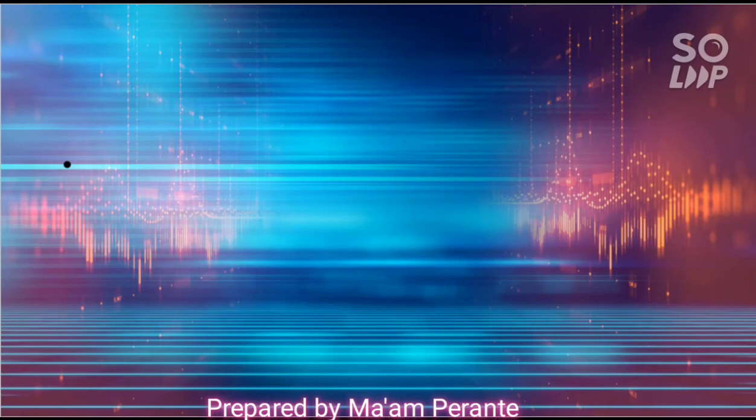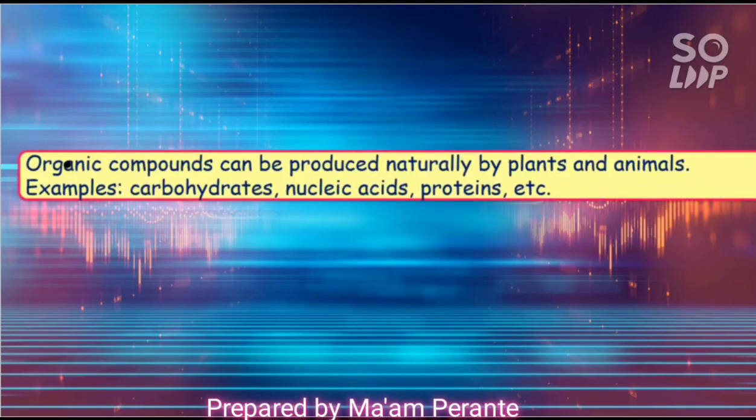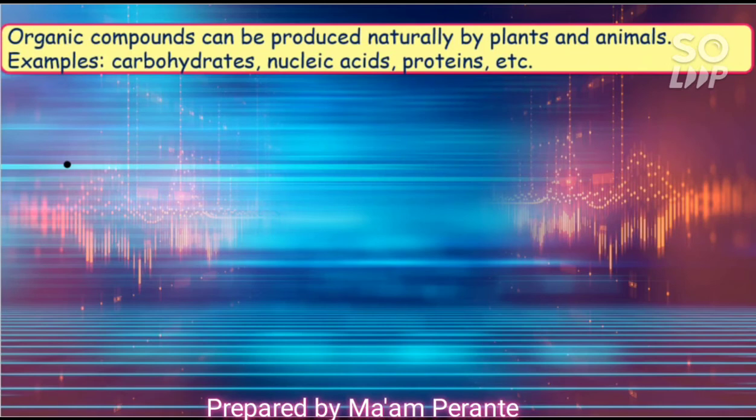These are some things to ponder before we proceed to our module number 5. We have to take note of the following information. First, organic compounds can be produced naturally by plants and animals. For example, carbohydrates are produced by plants during photosynthesis. So, a natural process. Nucleic acids and proteins are also examples of organic compounds that are produced naturally.